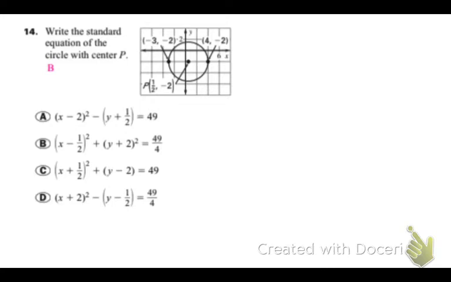Okay, so here's an equation of a circle. And you need to remember that the equation of a circle looks like this. X minus h squared plus y minus k squared is equal to r squared.